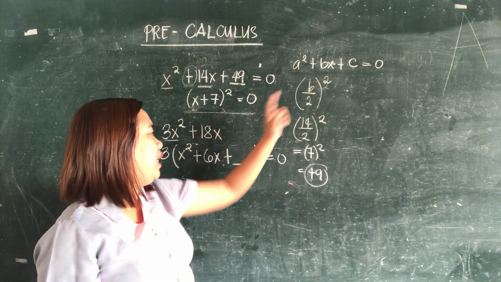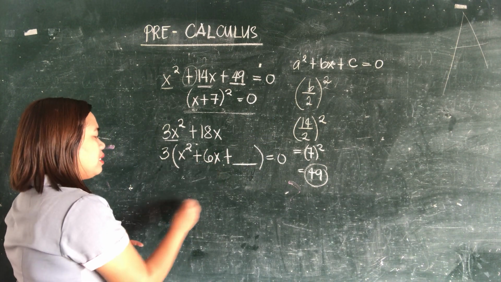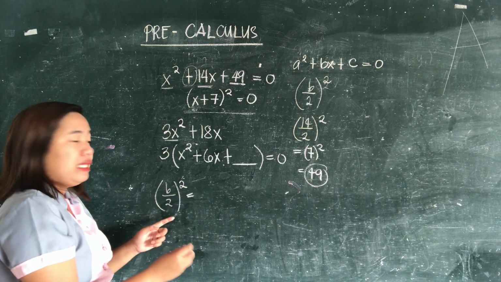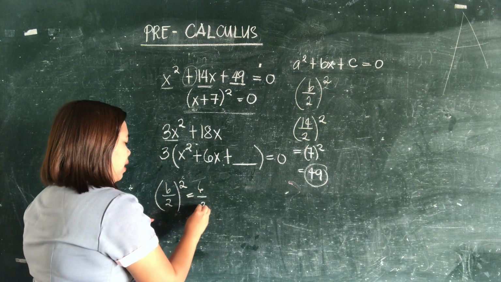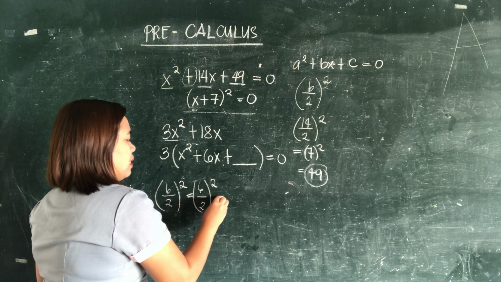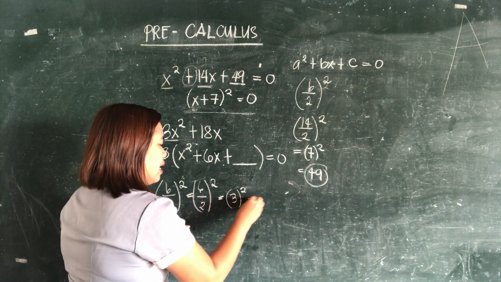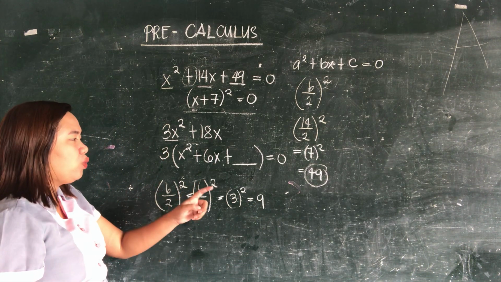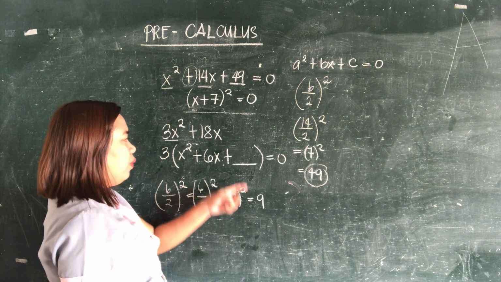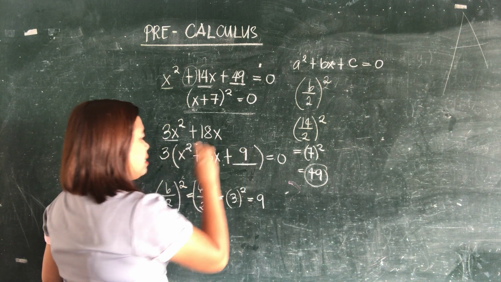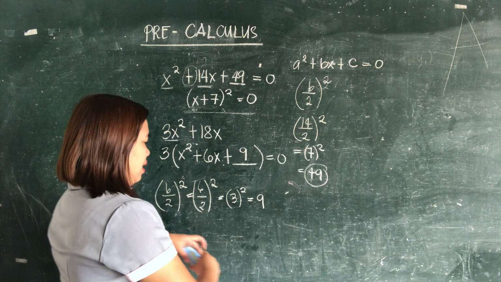The value of b here is 6. 6 divided by 2 quantity squared. And 6 divided by 2 is 3. 3 squared is 9. Therefore, the number that we're going to add in our polynomial is 9. Okay?